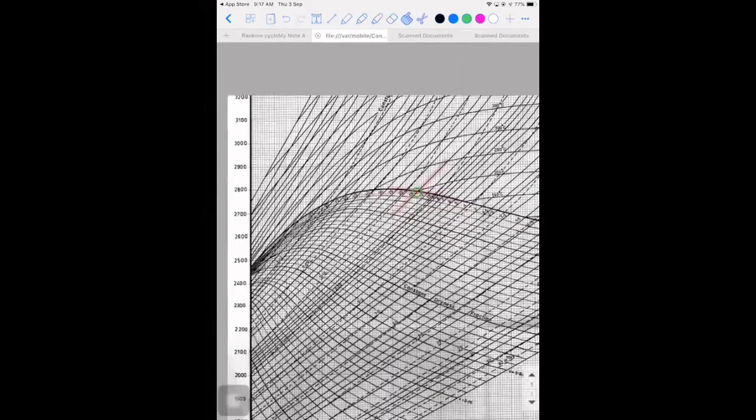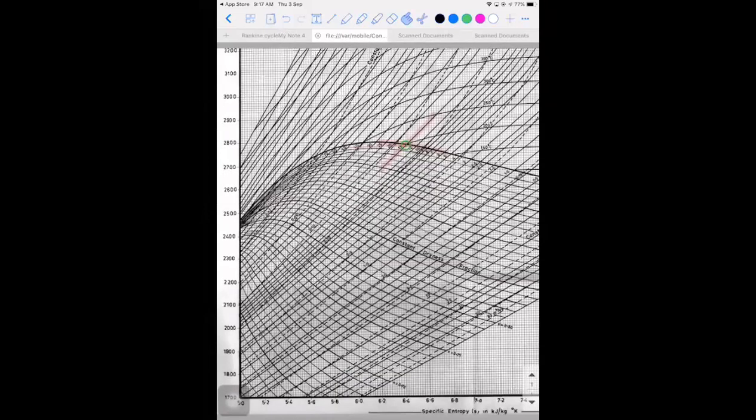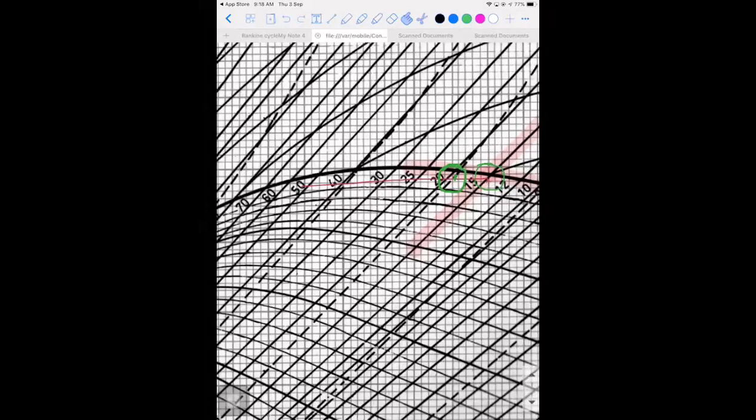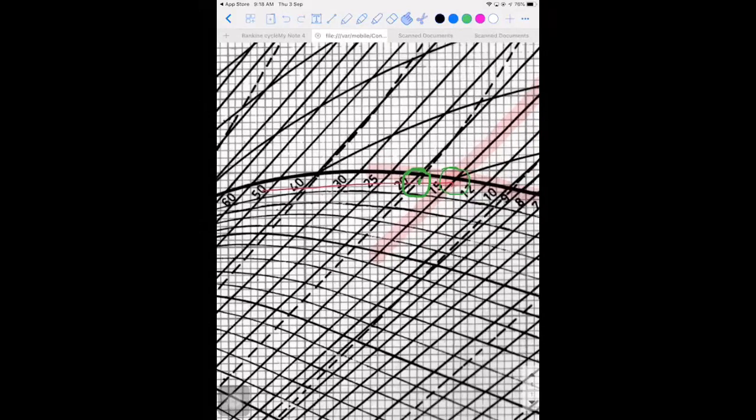Accordingly, you have to draw this line. Draw the line here. Intersection of this one. Not exactly. This is the point where you are supposed to start.